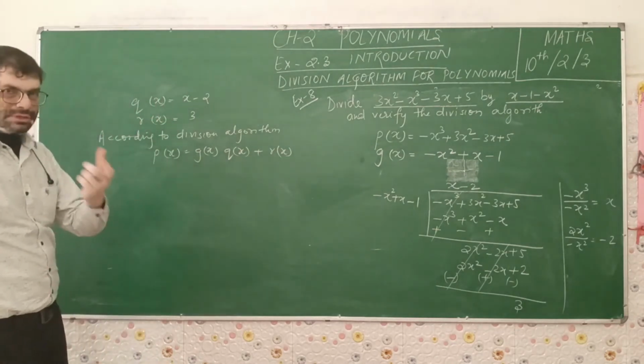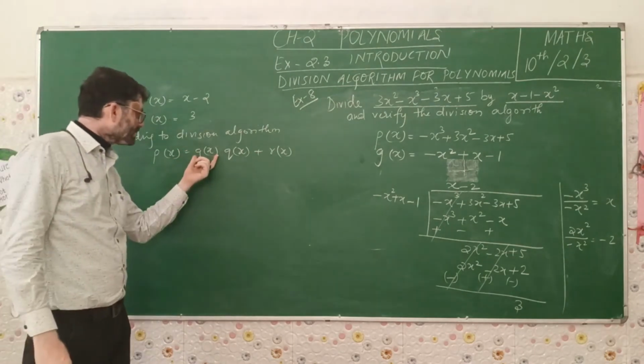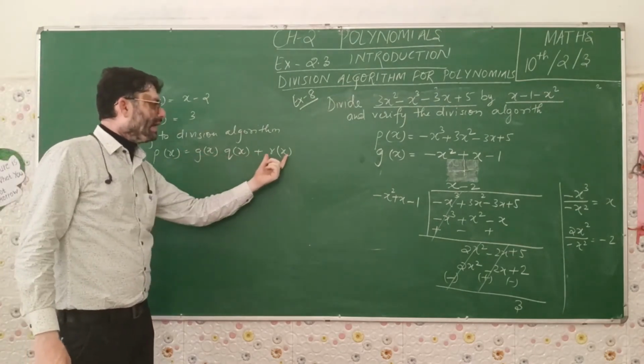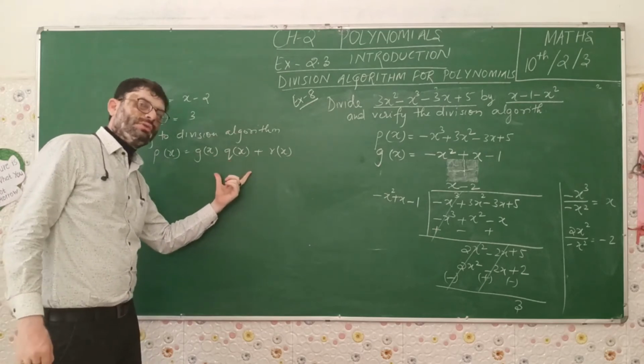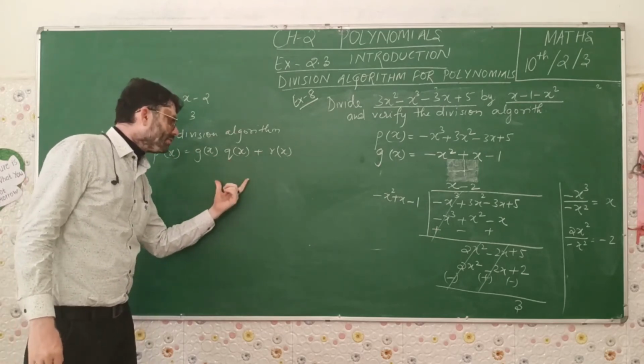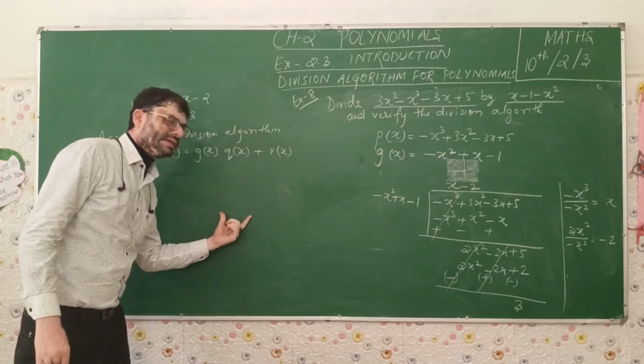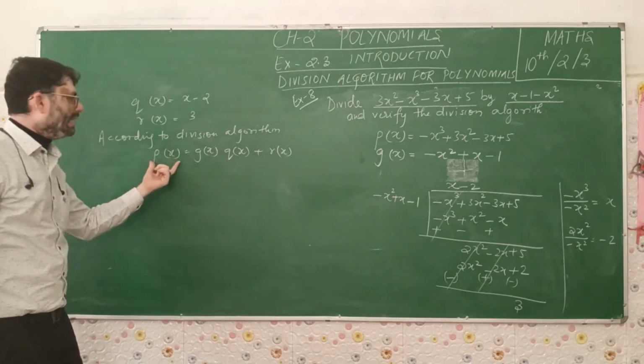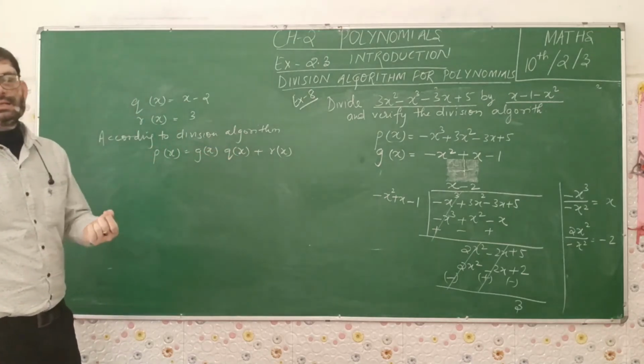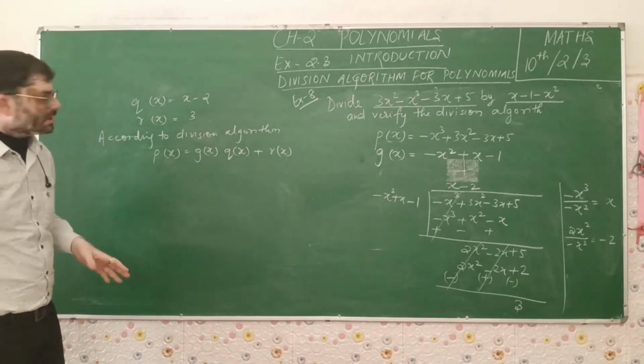We will have to substitute all the values of g(x), q(x) and r(x), and we will have to solve the right hand side. And after solving the right hand side, if we get the value same as the value of p(x), then we can say it is verified, else it is not verified.